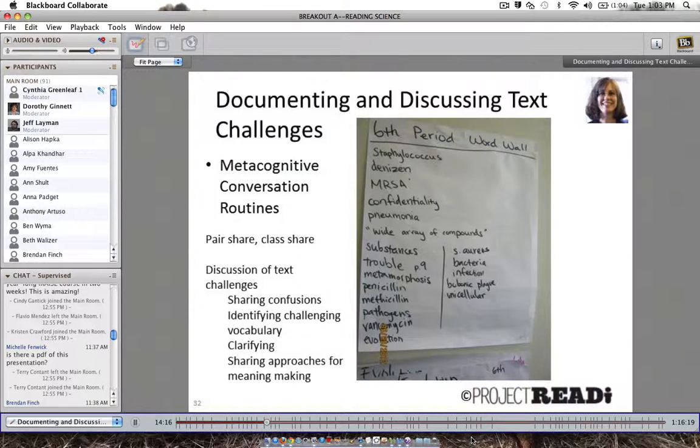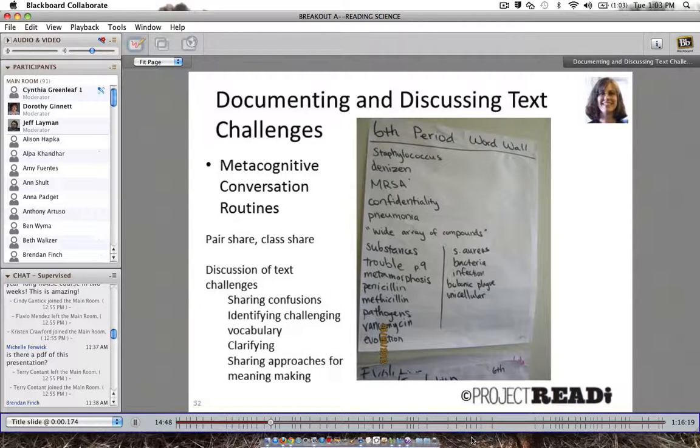We call this metacognitive conversation and work to support students in identifying what they find confusing, such as challenging vocabulary, and working to clarify and make meaning with the text. The classroom becomes a place where puzzling things out is the key activity, whether puzzling out what the text says and means, or puzzling out what it implies for how MRSA is transmitted or evolves resistance over time. Inquiry is the constant modality of instruction.